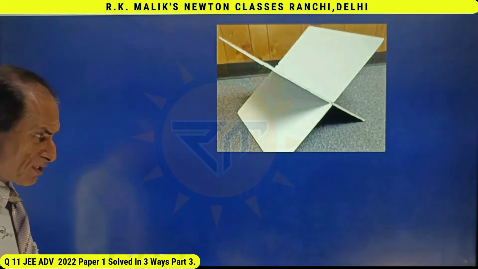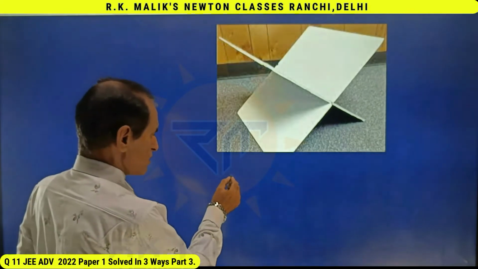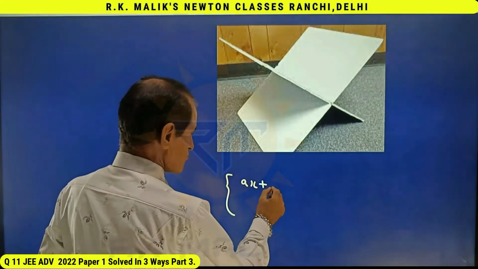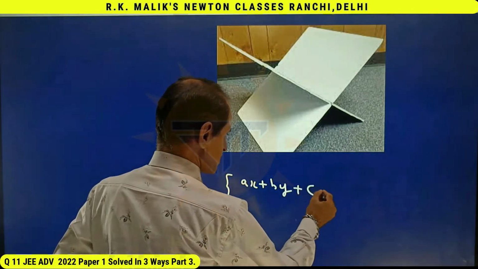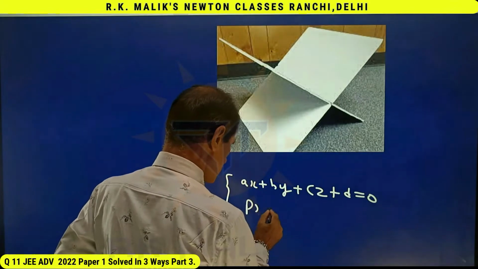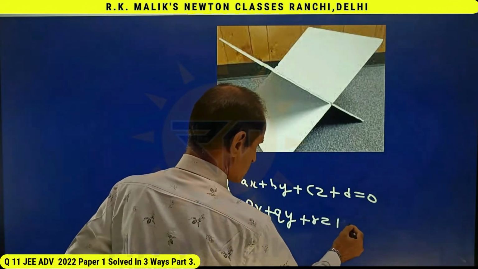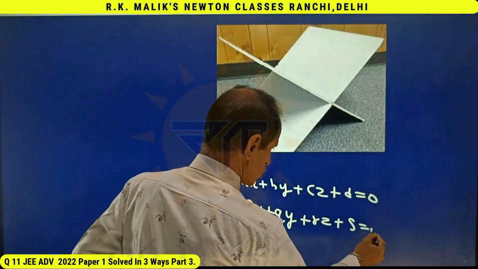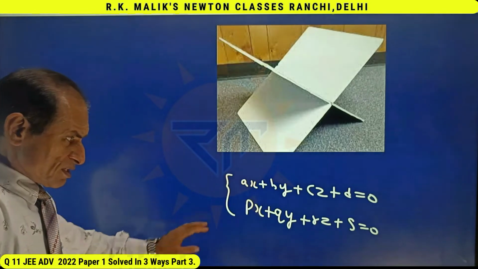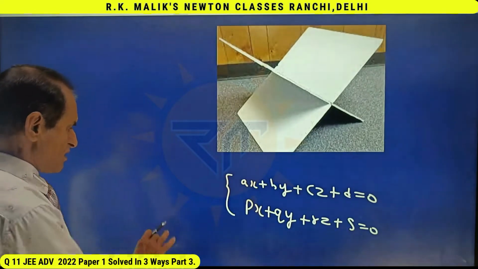If you don't know, just for clarity, I'm telling you that when two planes, that is ax plus by plus cz plus d equal to 0 and px plus qy plus rz plus s equal to 0, are representing a line, then that form is called unsymmetrical form.